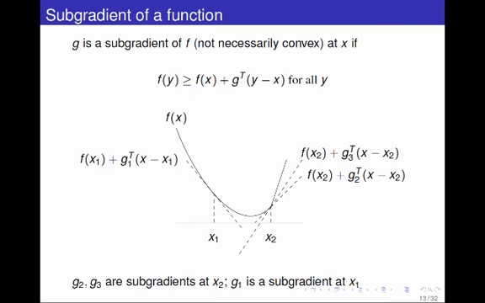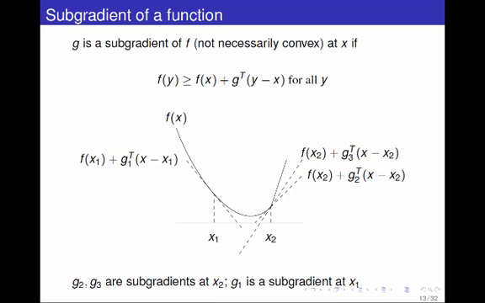So this function here, f, for example, at point x1, it's differentiable, and it has a gradient, which coincides with the subgradient of the function. But if I try to move the function slightly away from this slope, I'm going to cut into the original function. So the only subgradient at this point, since the function is differentiable at that point, is the gradient.